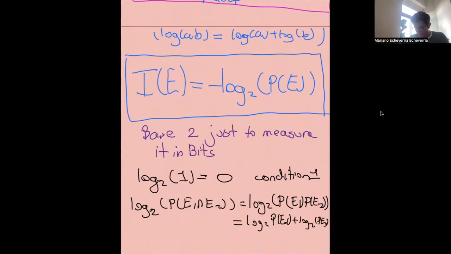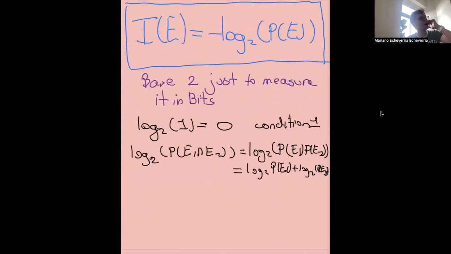And the reason you put a minus sign is just to remember that probabilities are between 0 and 1, and between 0 and 1, the log in any base is negative. So the minus sign is just to make this quantity positive, right? It's more useful to think of information as being positive than negative. Psychologically speaking, we're more used to positive numbers than negative numbers.